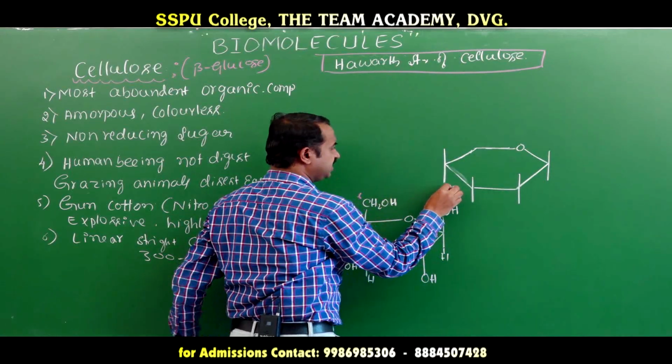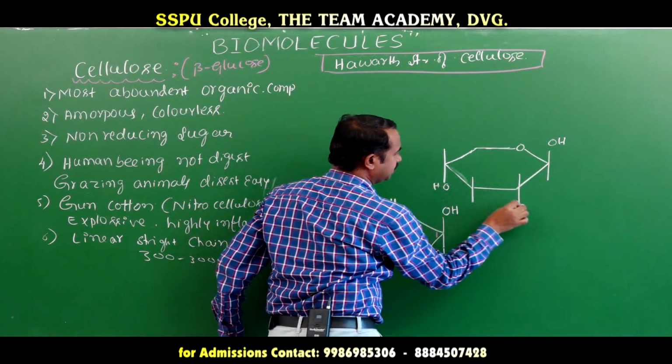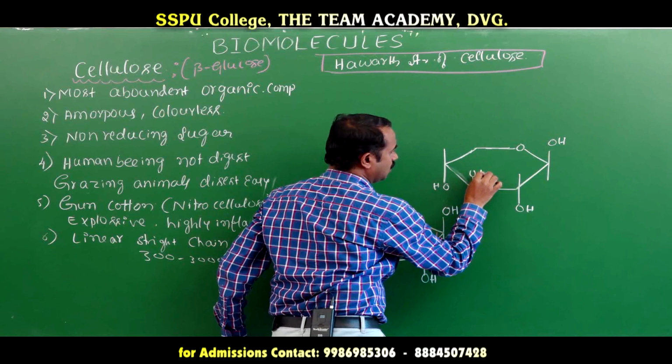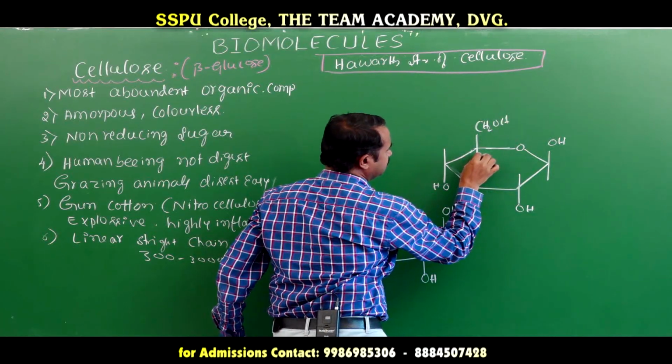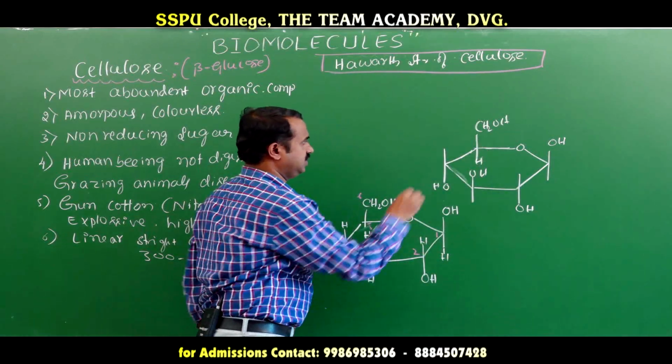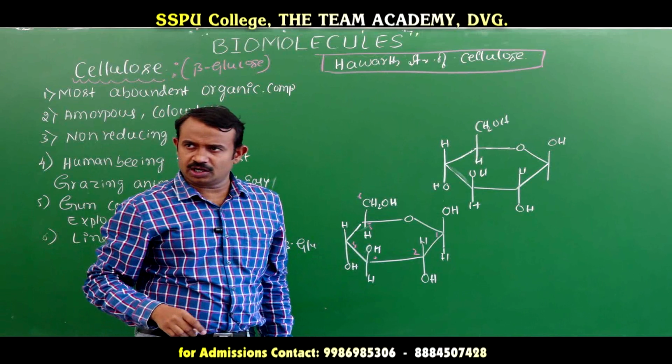Okay, here beta means OH, here CH2OH, H, here opposite H. This is the beta glucose.